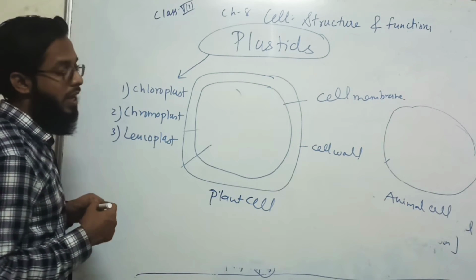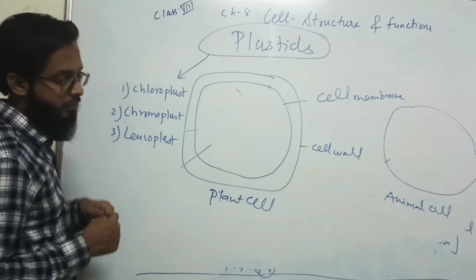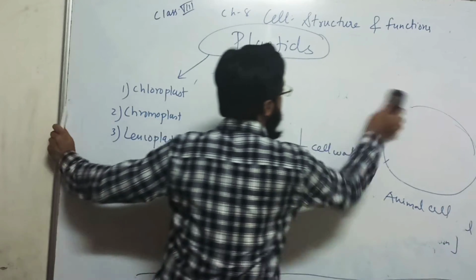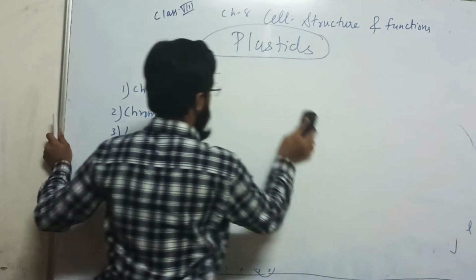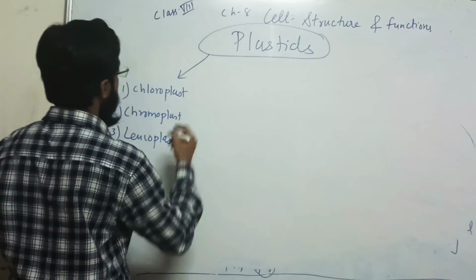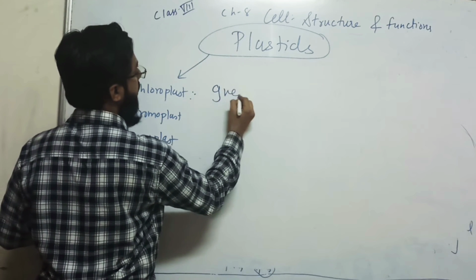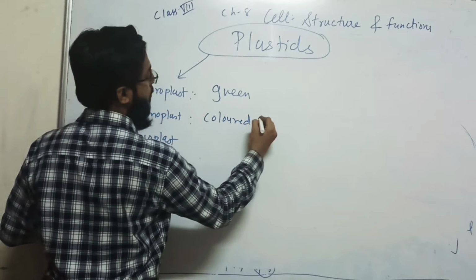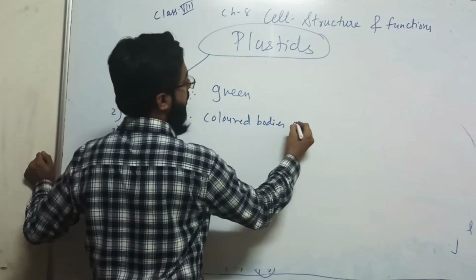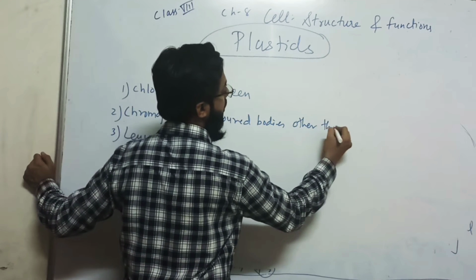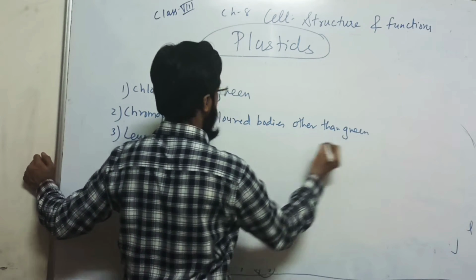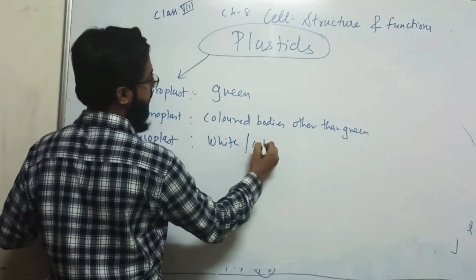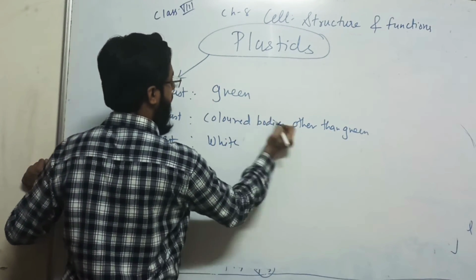Chloroplasts are green, chromoplasts are colored bodies other than green, and leucoplasts are white, or we can say colorless.